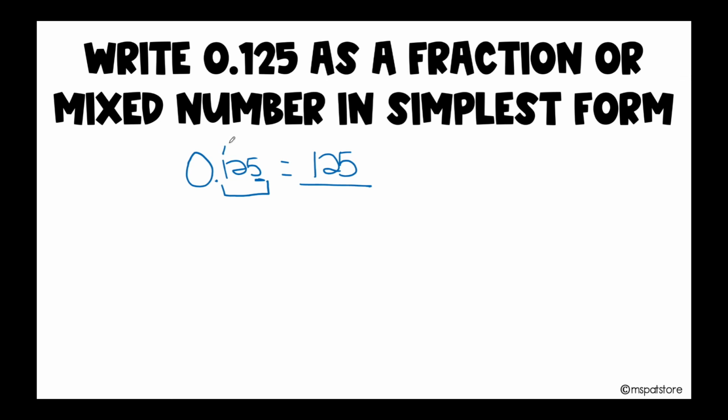Remember: tenth, hundredth, thousandth. So it will be 1,000 as my denominator. And as I need to simplify this, I will divide this by 125. 125 divided by 125 is 1, and 1,000 divided by 125 is 8. So my fraction in simplest form is 1/8.